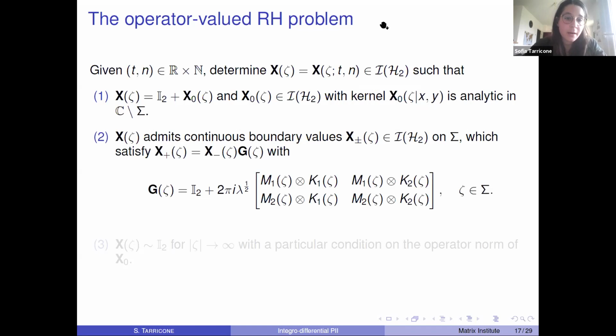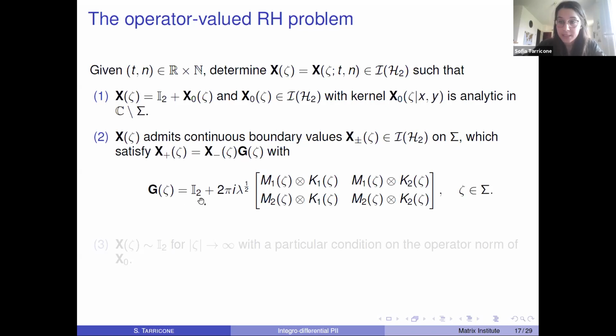So this is the first requirement. And the second one, well, it describes what happens along the contour Sigma, as always in Riemann-Hilbert problems. So along the contour Sigma, we will have a jump condition that should be satisfied by the continuous boundary values of this operator X. So we will denote by X plus and X minus the boundary values from the left and from the right respectively of the contour Sigma. And well, these two boundary values should be related by this equation. And here, this is an operator equation, and G is the operator that depends parametrically on zeta, written in this way.